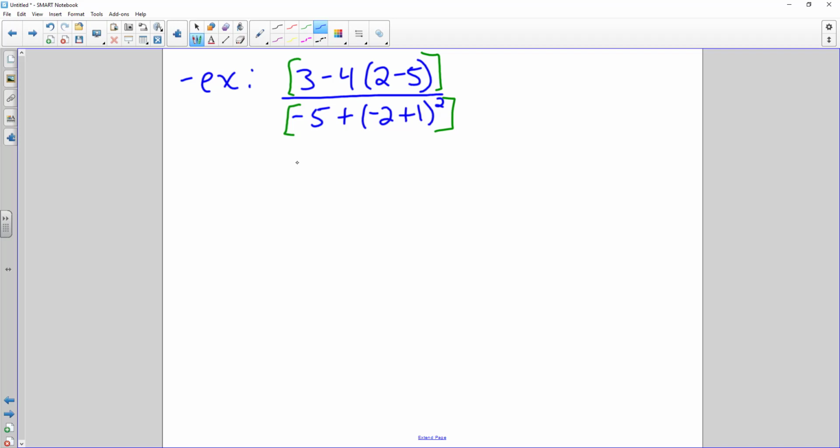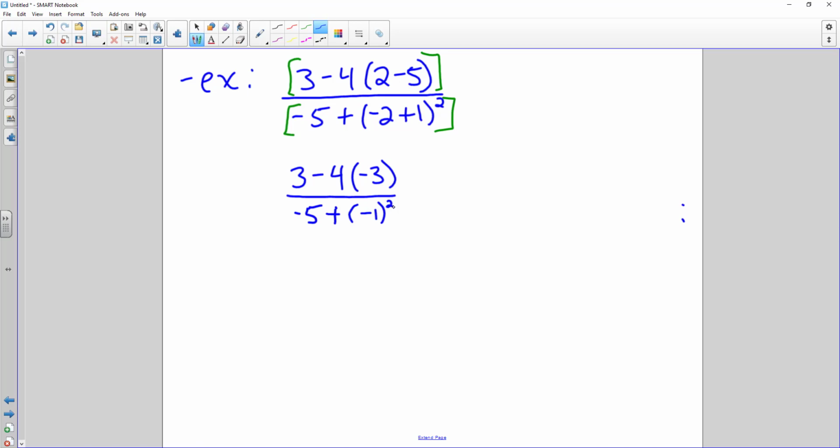Okay, so on top, parentheses. So 3 minus 4, in parentheses 2 minus 5 is negative 3. On the bottom, negative 5 plus negative 2 plus 1 is negative 1 squared.